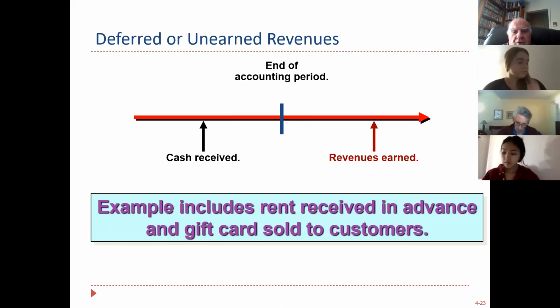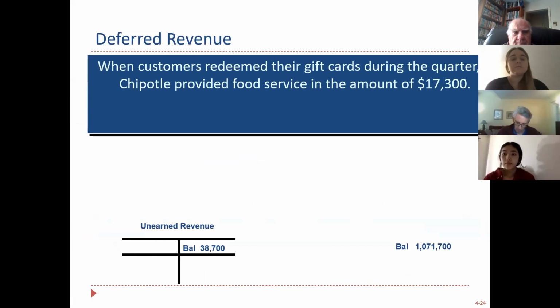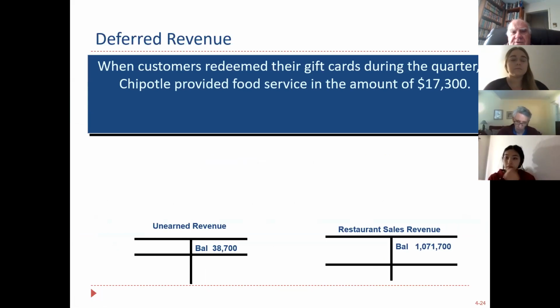Deferred revenue. Here we go. This is the unearned revenue. I always, as a big sports fan, use the Dodgers or Yankees as my example, but we're talking about gift cards at stores now. We all like to shop.